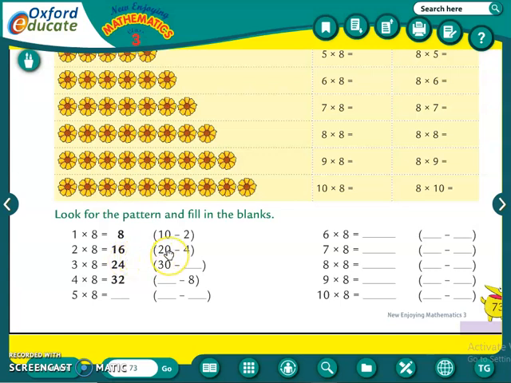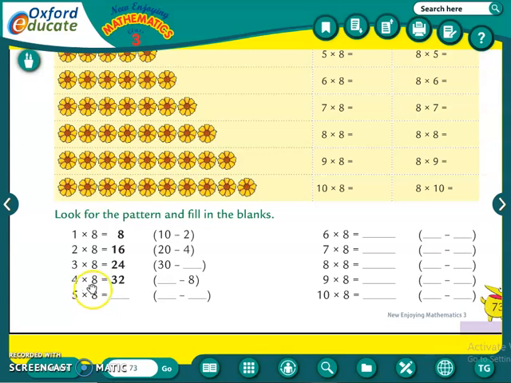So here it is written 20 minus 4. The answer will be the same, 16. 3 eights are 24. Here it is written 30 minus, which number will we write? Here we will write 24. Here is given 24. Here is 30. So which number will come here? 30 minus 24. Then we will get the answer 6.